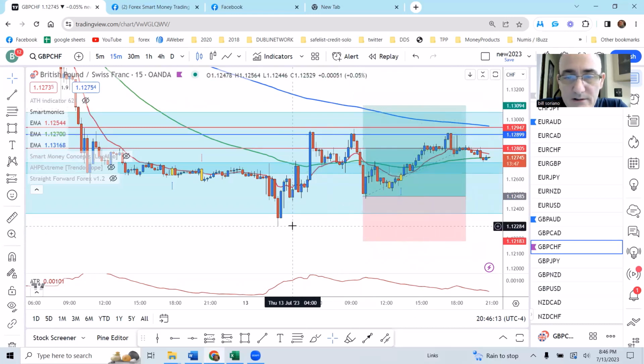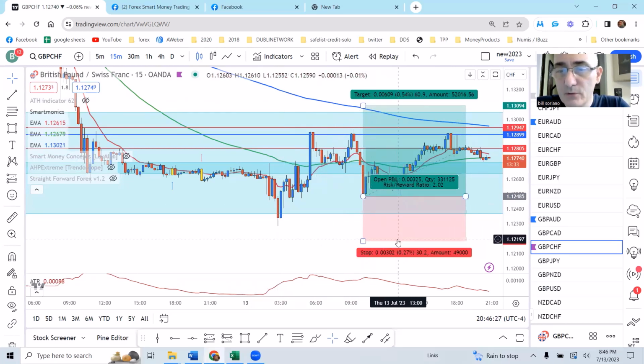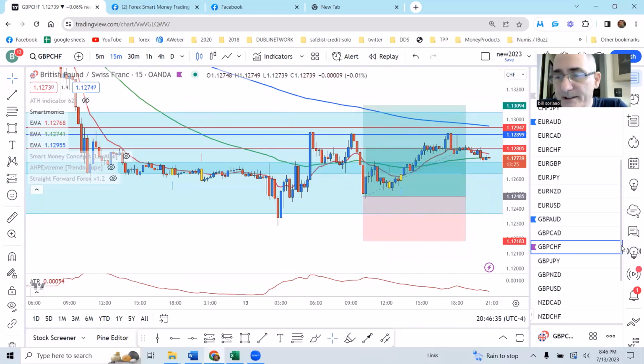So our stop loss, we put it at the bottom of this wick here, and then we padded it with 1 times our 14-period ATR. That gave us another 10 pips for a total of 30 pips stop loss, trying to get 60 pips profit to the upside. Okay, so that's GBP CHF.